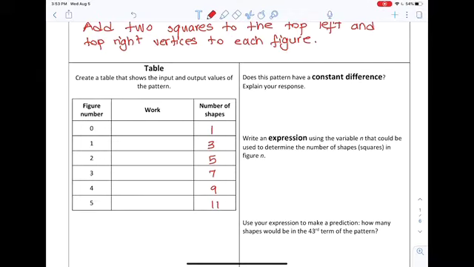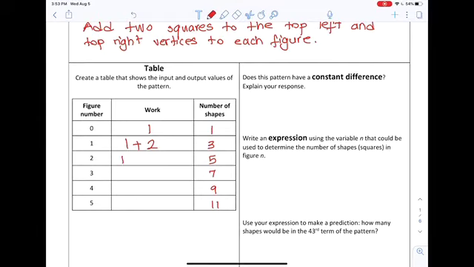So initially we start with 1 square, 1 shape. And we are adding 2 each time. We are taking the previous number and adding 2 to that.